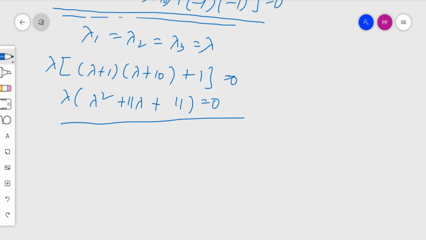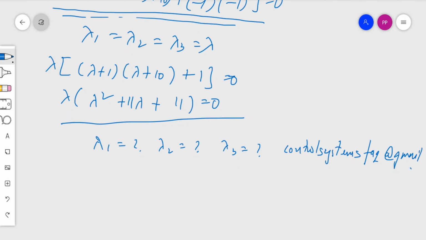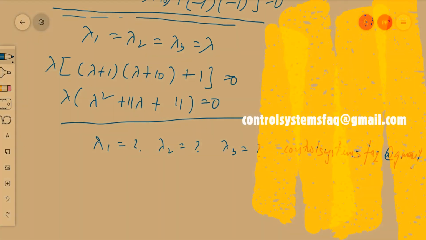So this is a quiz for you: obtain lambda 1, lambda 2 and lambda 3, and send it after solving to my email id controlsystemsfaq@gmail.com, and these three values will form the eigenvalues of the system.